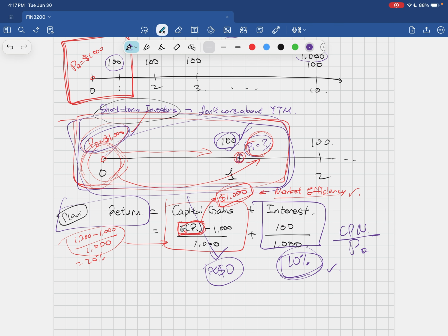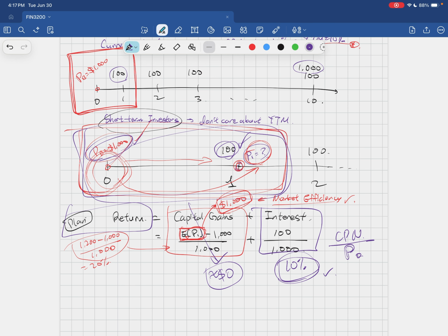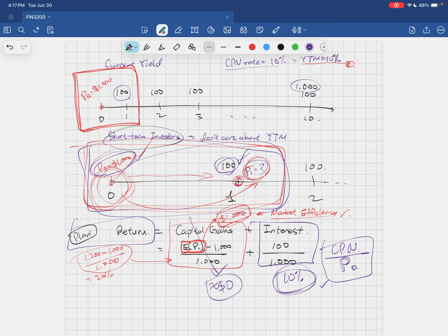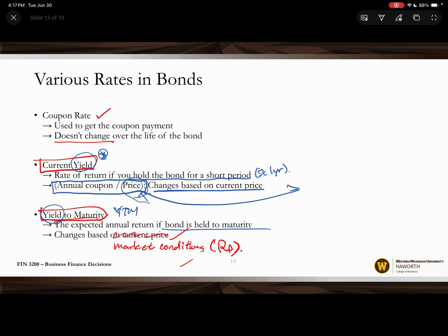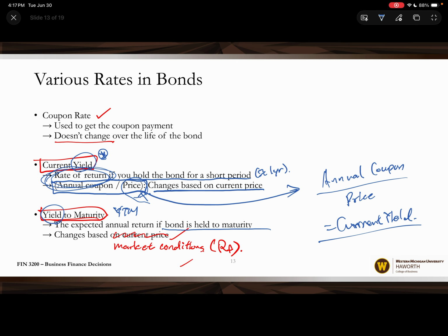Okay, so this part's a little confusing, but I'm just trying to show you where the current yield formula came from. If you understood this, you'll see that that's exactly the formula that we had up here: annual coupon divided by price is the current yield, and that represents the rate of return if you hold a bond for a short period.